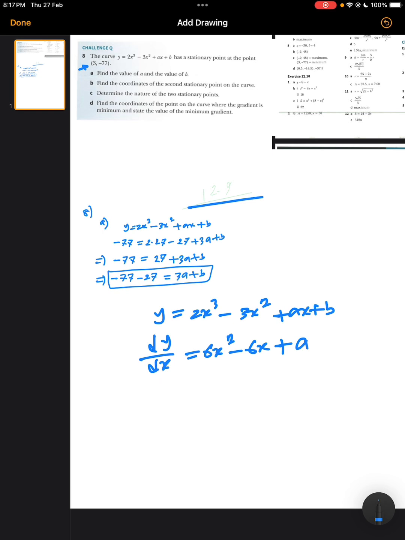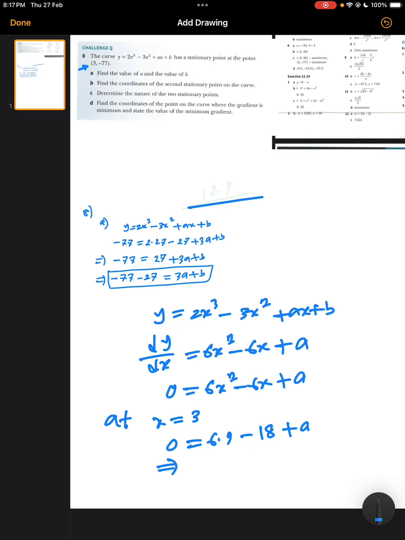Since it's a stationary point, dy/dx would be 0. So 6x² - 6x + a at x equal to 3. So 0 equals 6 times 9 minus 6 times 3, which is 18, plus a.